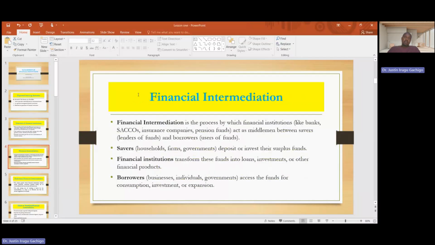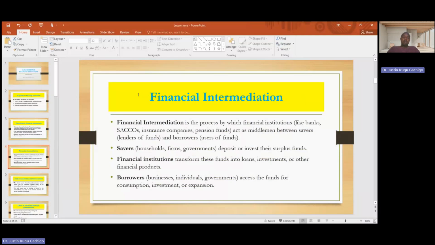So let us look at the concept of financial intermediation. Financial intermediation is the process by which financial institutions like banks, SACCOs, insurance companies, and pension funds act as middlemen between savers, that is lenders of funds, and borrowers, that is users of funds.